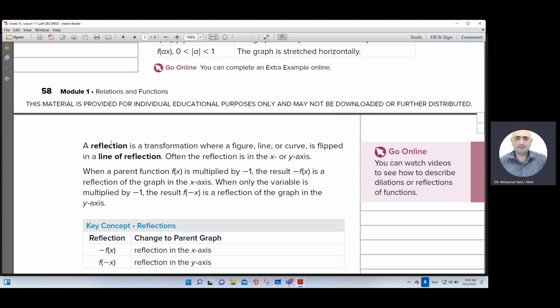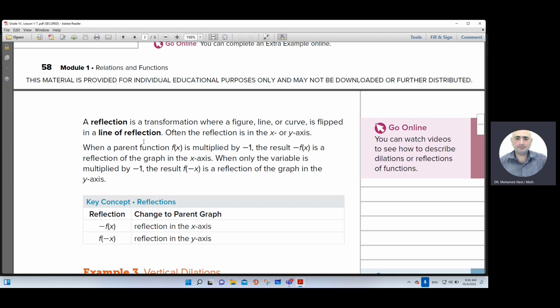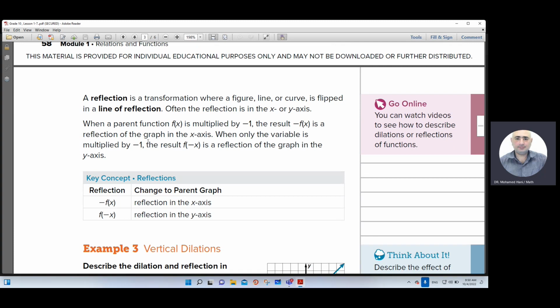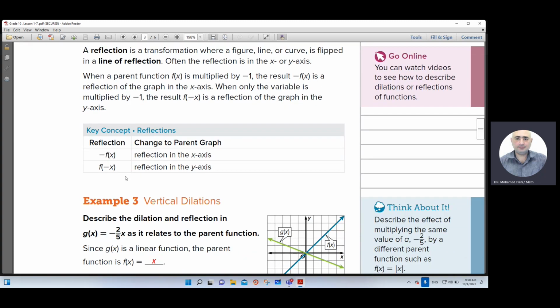And we defined the reflection as a transformation where a figure, line or curve is flipped in a line of reflection. And we talked about the rules of the reflection. If we have a negative outside the function, negative f(x), it means we have a reflection in the x-axis.